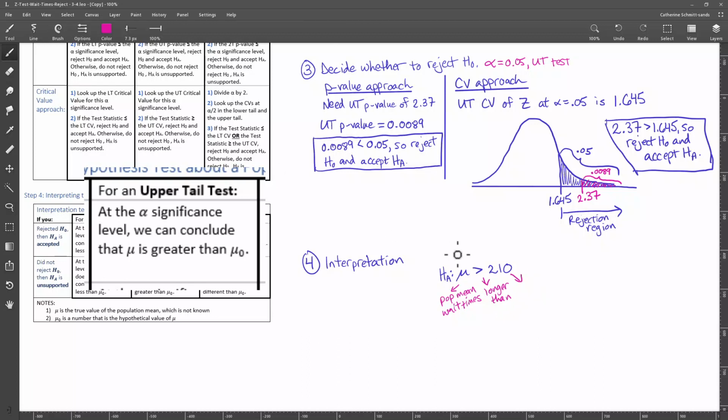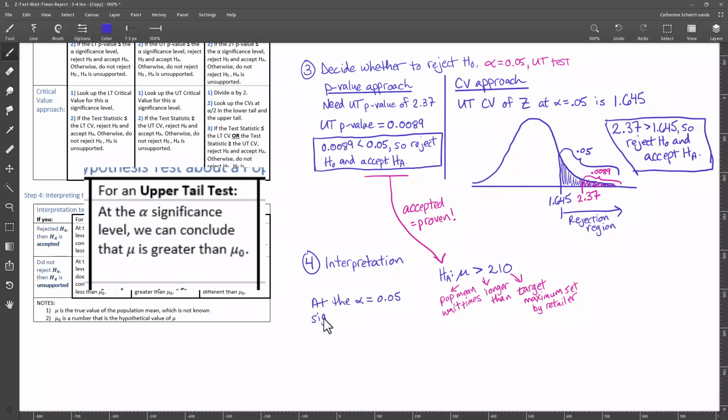And 210 seconds, well, that was what the retailer, the chain retailer, set as their target maximum in terms of waiting times for the customers. So this was set by the retailer. In this test, this alternative hypothesis was accepted. And in statistics, accepted means proven true at this particular significance level. So that's where the interpretation comes from.